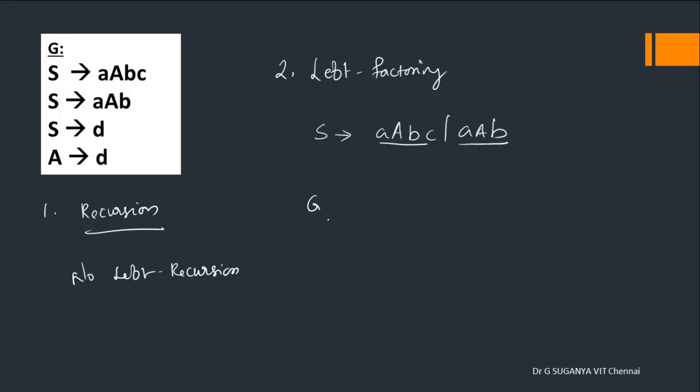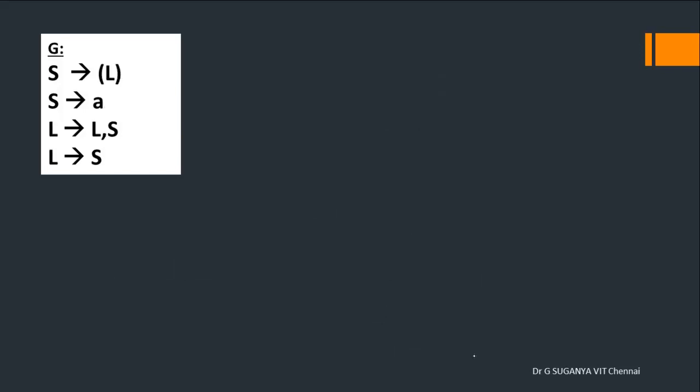The final grammar G dash after left factoring will be S gives A B followed by the introduction of a new non-terminal S dash, where S dash gives C in order to arrive at the first production, and epsilon in order to arrive at the second production. The remaining two alternates remain as they are: S gives A and A gives D. So that's the answer for the grammar after eliminating left recursion and left factoring it.